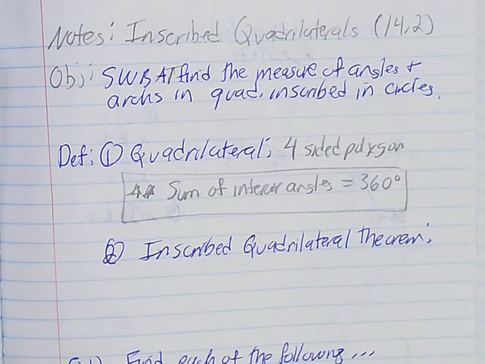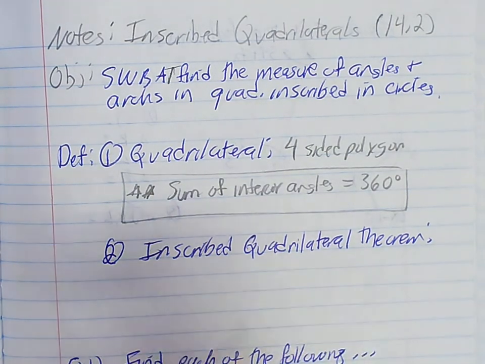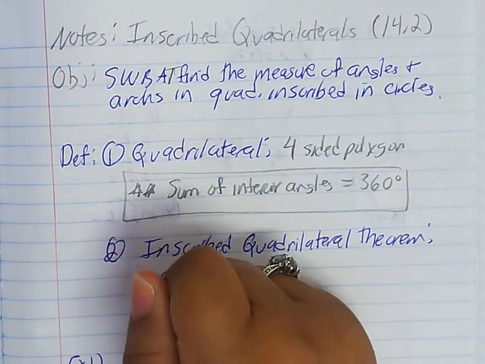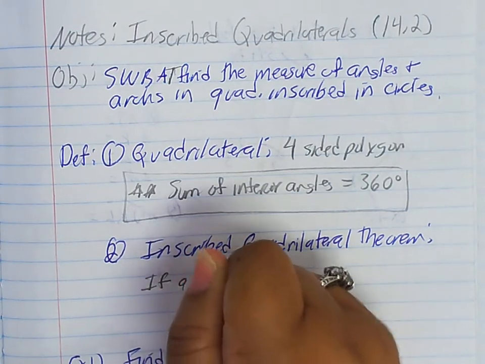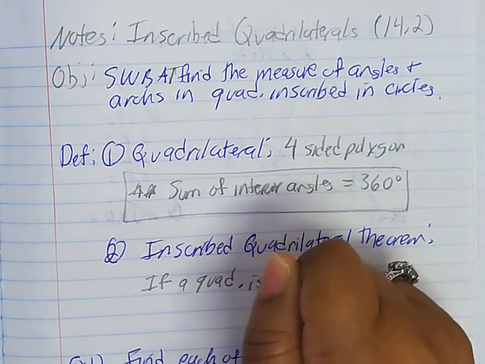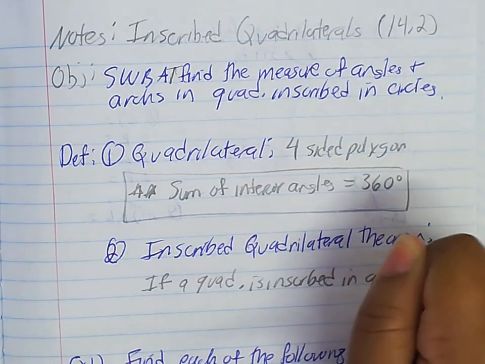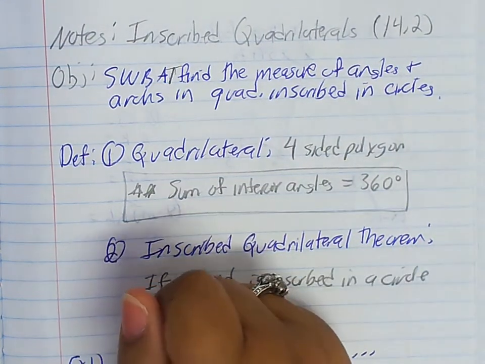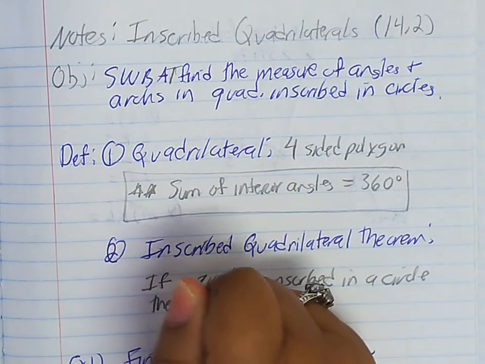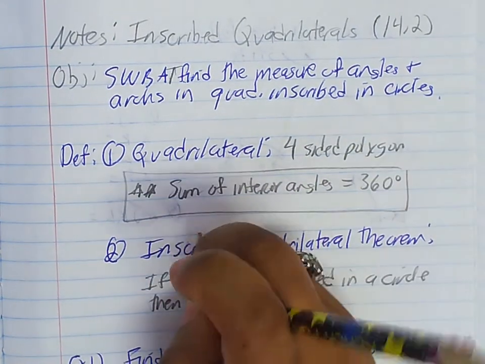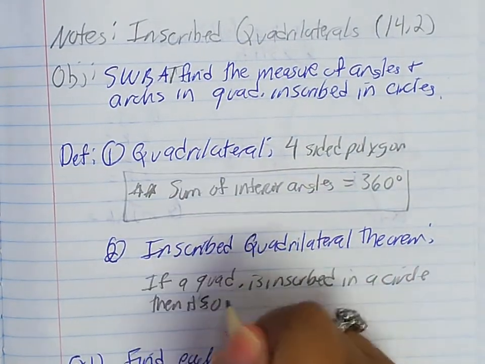2, inscribed quadrilateral theorem. This says if a quadrilateral is inscribed in a circle, then its opposite angles are supplementary, which we all know is 180 degrees.